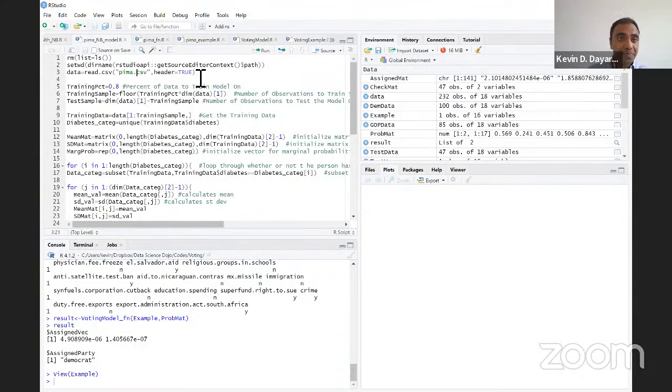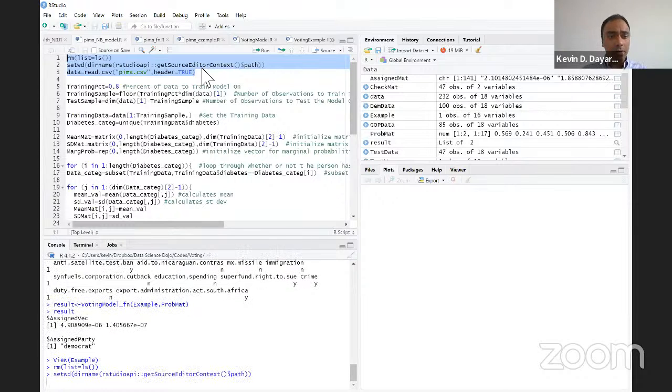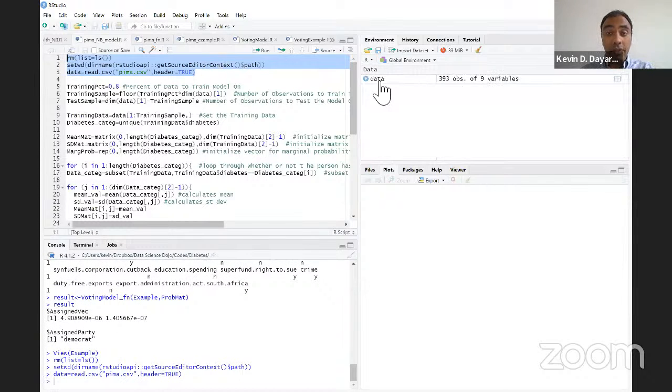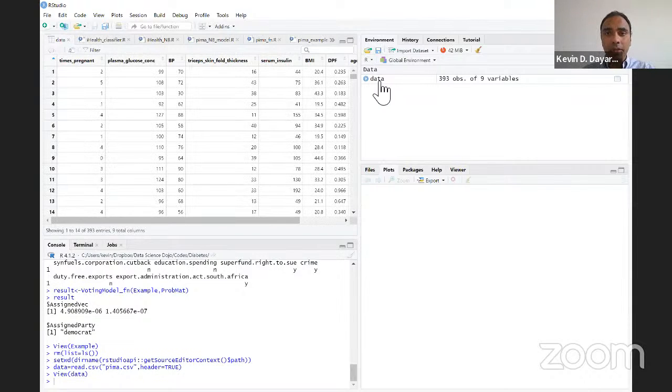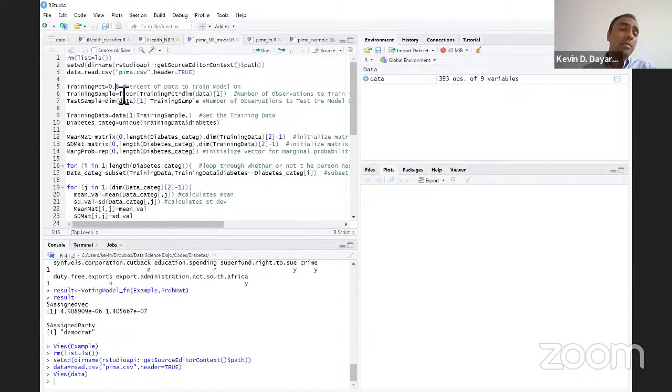This is our code here for the diabetes data, and I will show you the data set. I just showed you a snippet of it in the PowerPoint, but this is what it looks like: number of times pregnant, plasma glucose concentration, blood pressure, and so forth. So we construct our training data set. This time I used 80%, but you are welcome to play with that.